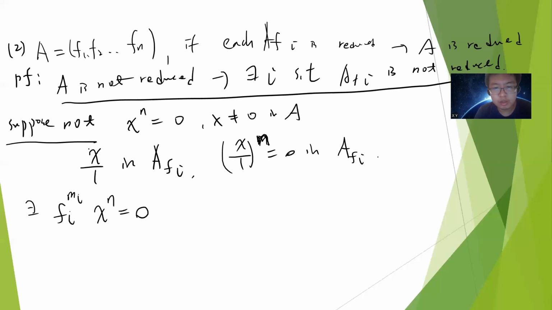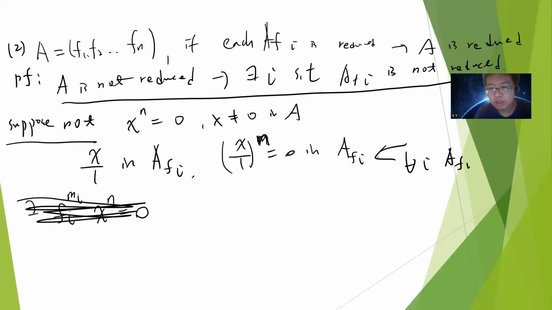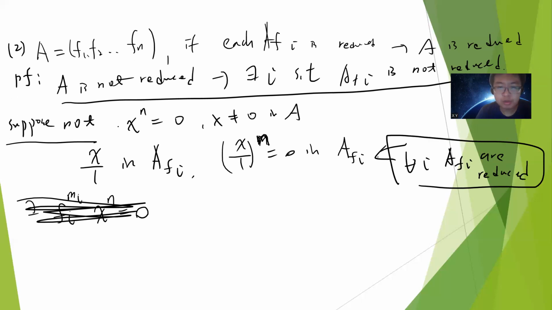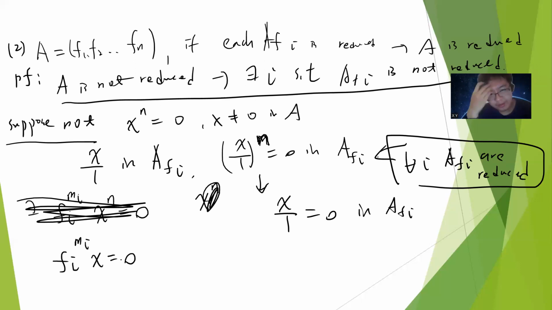I want to prove by contradiction, so I assume for every i that A_fi is reduced. This implies that x divided by 1 is 0 in A_fi, because A_fi is still reduced, and this is the same as getting fi^mi x equal to 0 for every i.